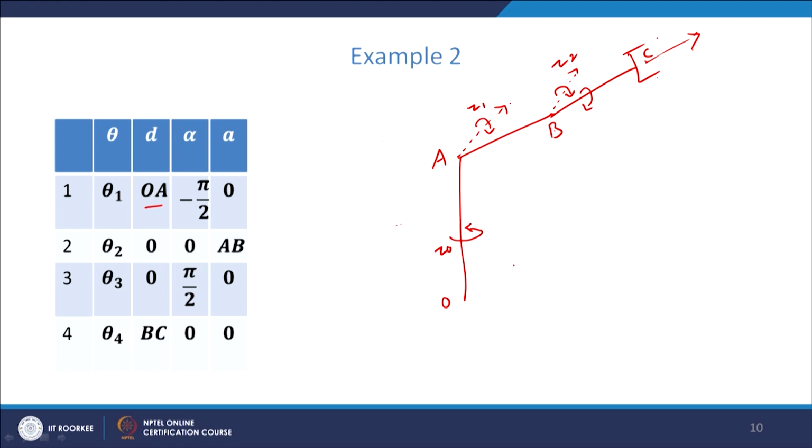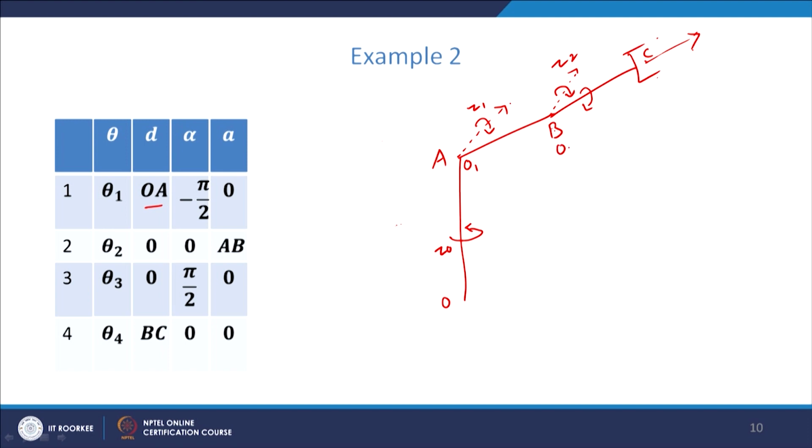Now, we can easily fix the various joint parameters theta, d, alpha, a, as in the case of the DH parameters. So, if you see that Z0 and Z1 are perpendicular, the origin O1 is at the point A, and Z1 and Z2 are parallel. So, the line joining them, the shortest distance between them, is along the line AB.